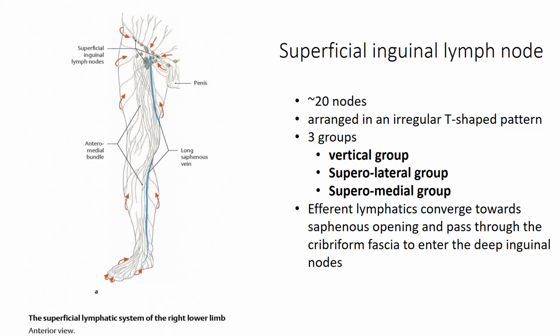So that's how these three groups are formed: a vertical group along the terminal portion of the great saphenous vein, and a horizontal group divided into superolateral and superomedial. The horizontal portion lies just below the inguinal ligament.